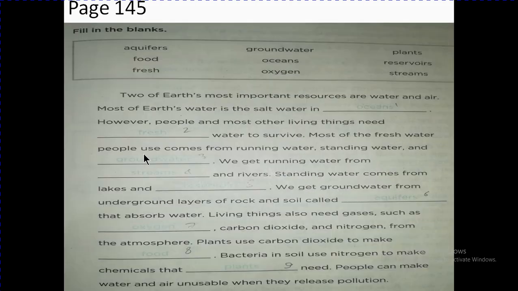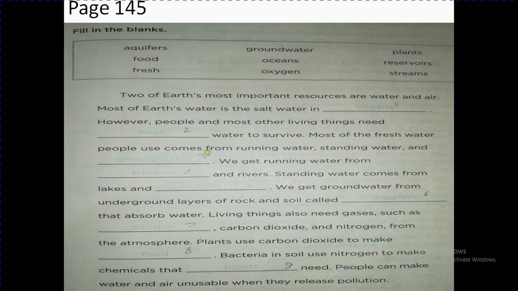Now next, go to page number 145. Here the first correct answer is oceans. Then number 2, fresh. Number 3 is groundwater. Then streams. Number 5 is reservoirs.